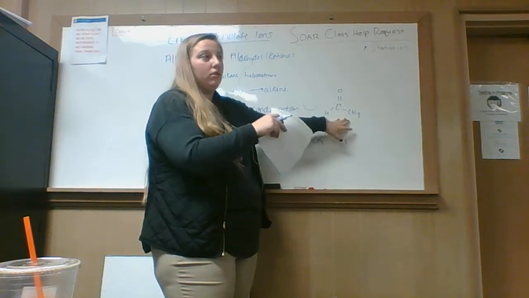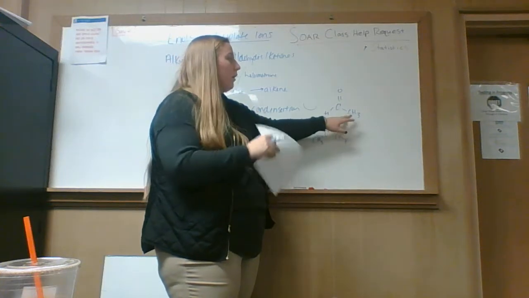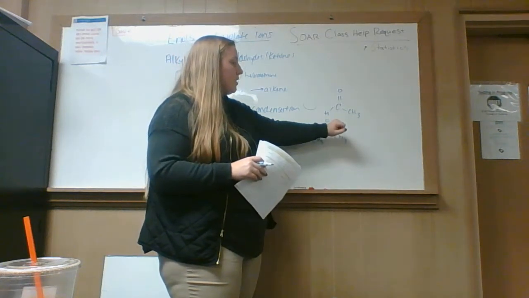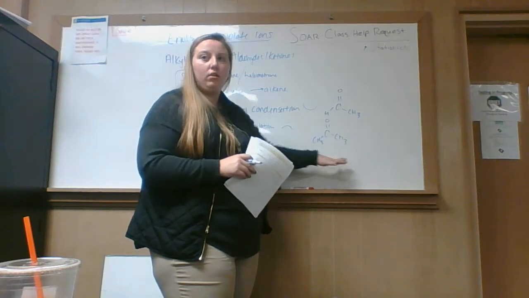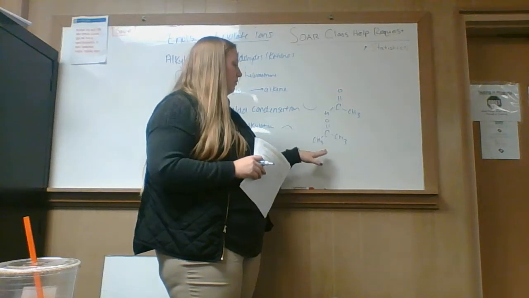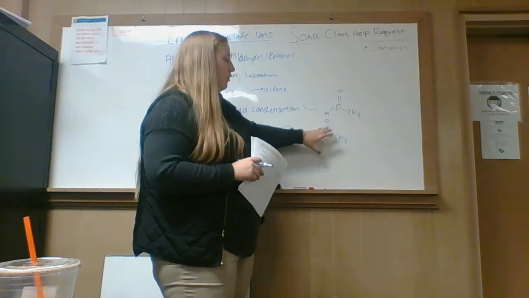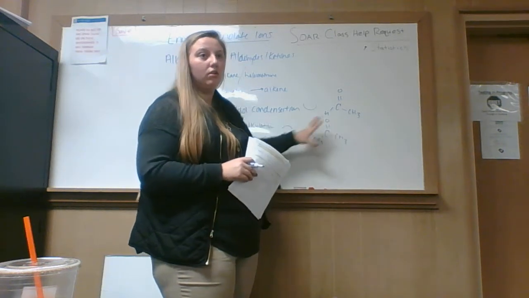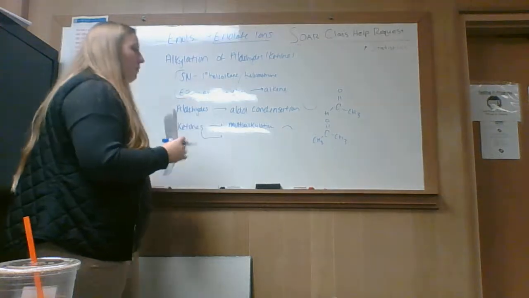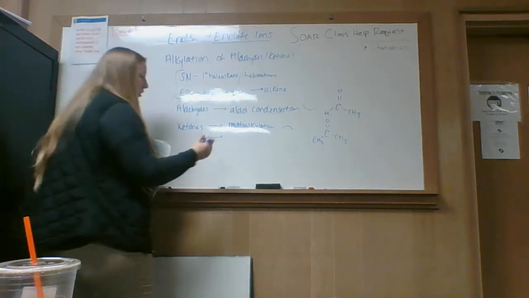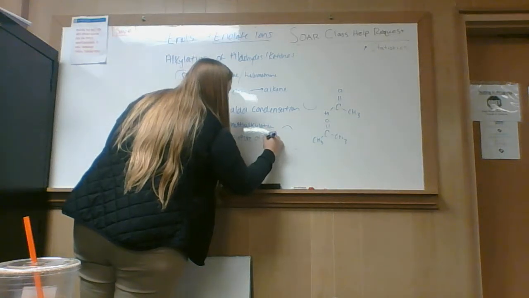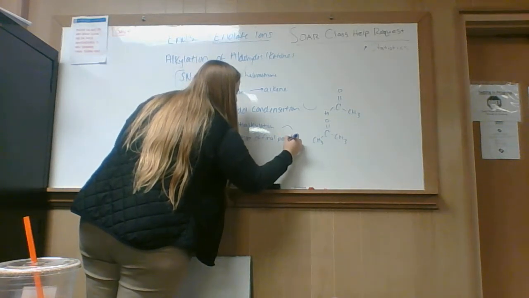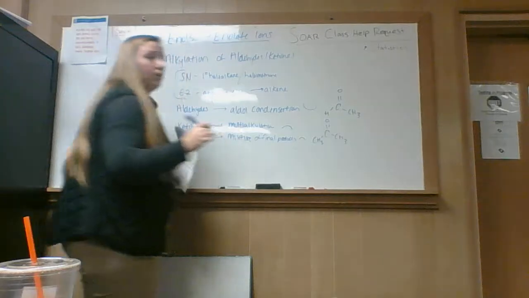This is our example from before. We're going to pull off alpha hydrogens from here. However, when you have a ketone, you have two sets of alpha hydrogens, which means you can get the reaction taking place here. You can have it taking place here. Essentially, you end up with a mixture of final products. Also not good.